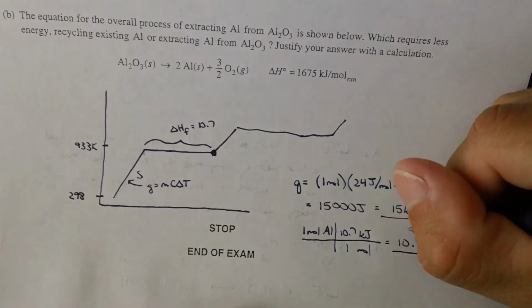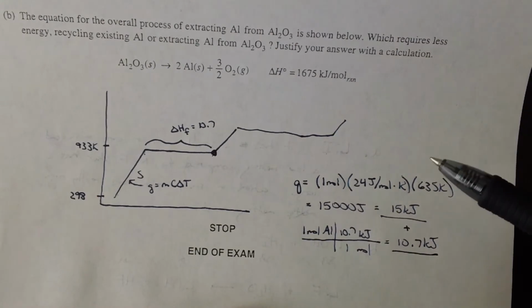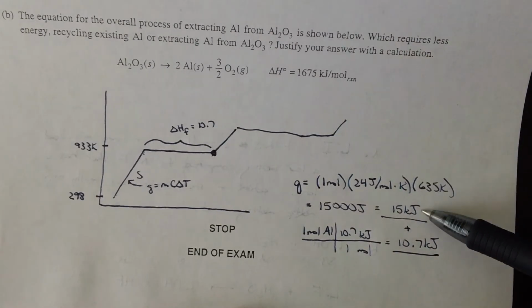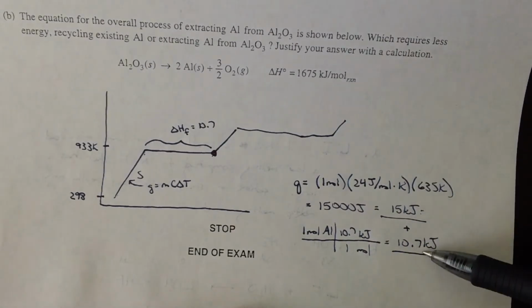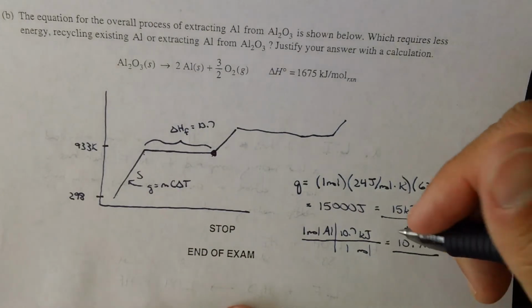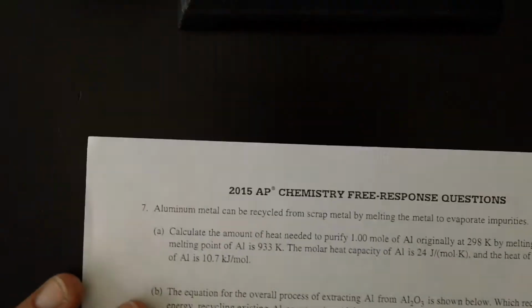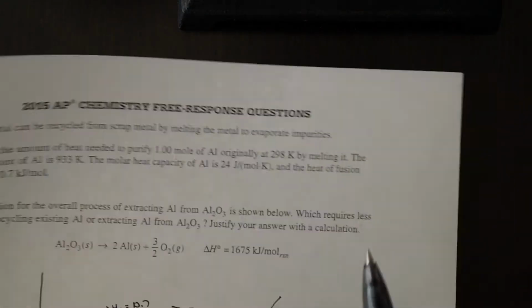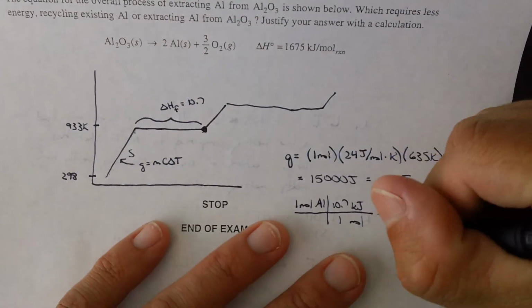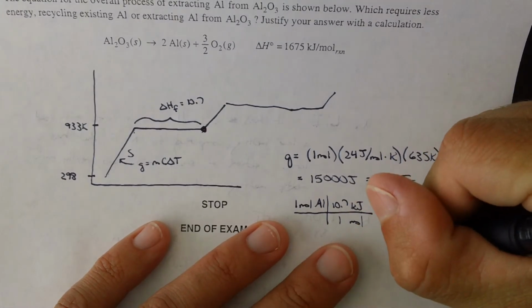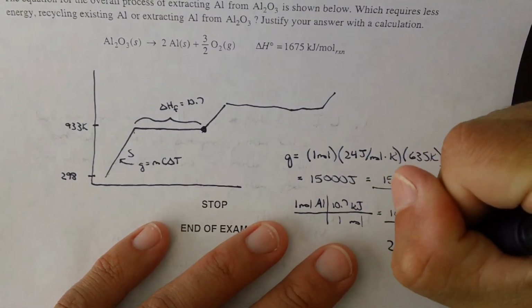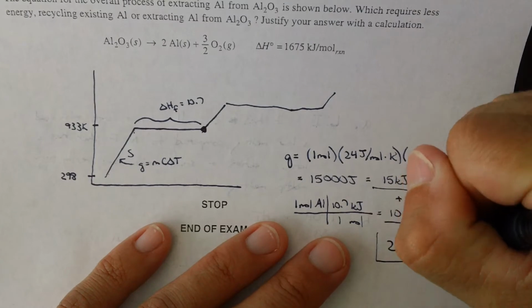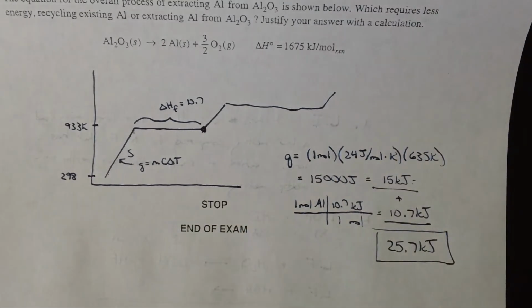We get 1 point for the Q equals MC delta T, needing to raise the temperature, and we get 1 point for adding those two together. And so the total amount of energy that it takes to purify that aluminum in part A is those two added together, 25.7 or 26 kilojoules. That's part A.